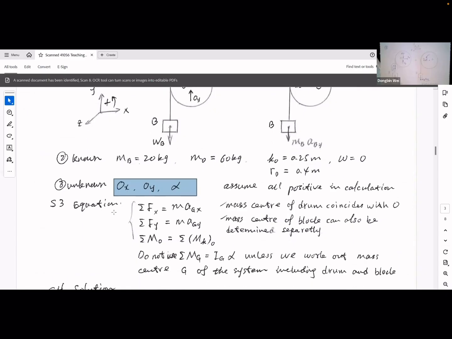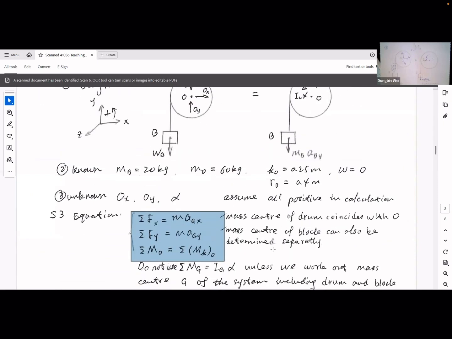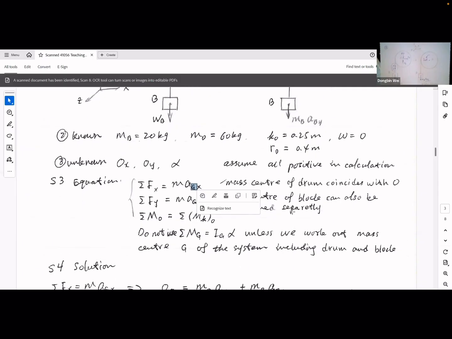Okay, now we will apply these 3 equations to this system. And G, in this expression here, G means the mass center point of this system consisting of the drum and the block.